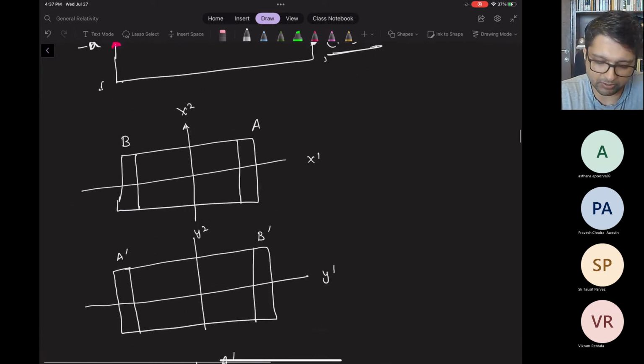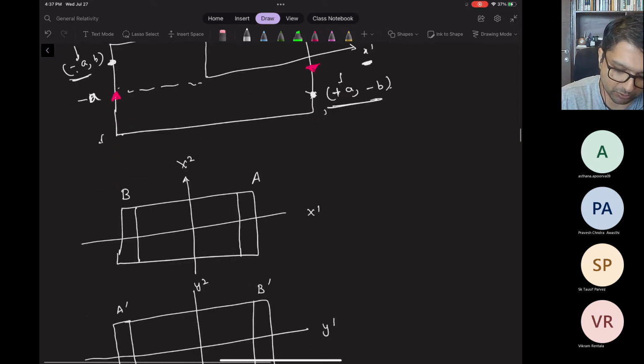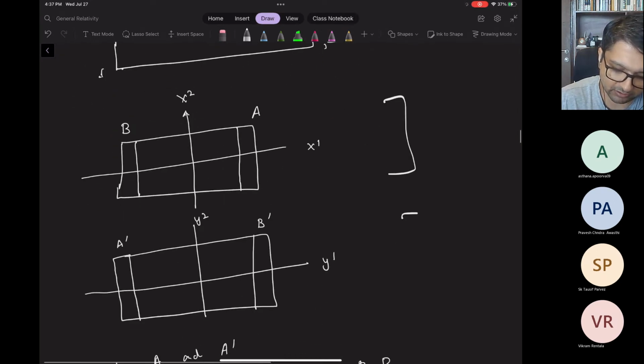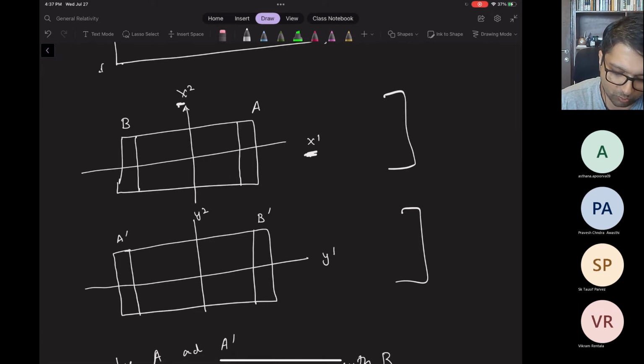So what we do is we break up the Mobius strip into two different coordinate patches. One patch has coordinates x, which we denote as x1 and x2, and one patch has coordinates y, which we denote as y1 and y2. This is half the Mobius strip.